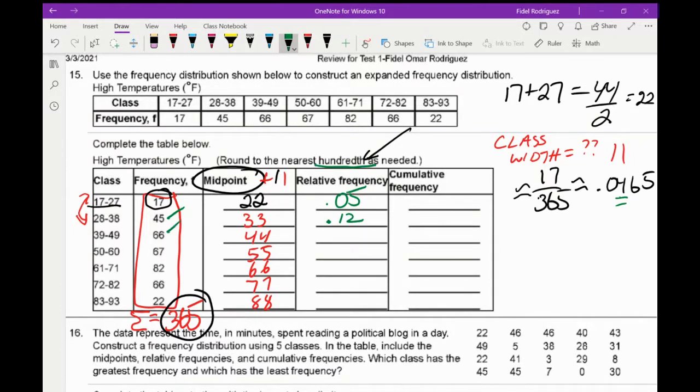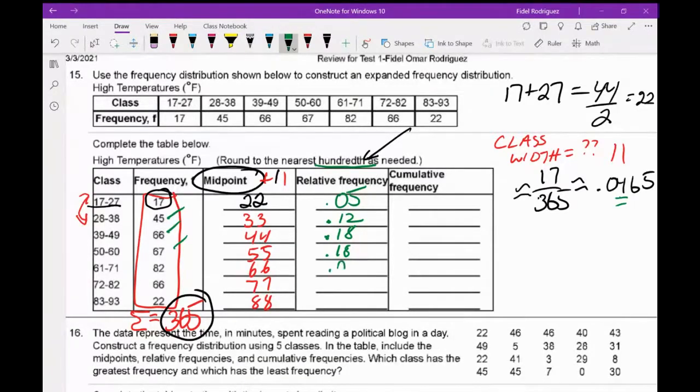And I'm going to do the same thing for the next one, 66 divided by 365. I'm coming up with 0.180, so I'm just going to put 0.18. And I'm going to keep playing this game for every one of those numbers. Just be careful and don't make the same mistake I did. By using the midpoint, we got to use the frequency. And this is also 0.18. And then 82 divided by 365.